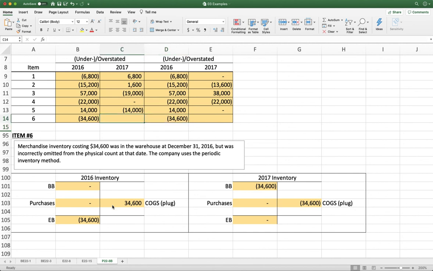In the next year, we're going to understate our cost of goods sold, which means that our net income is going to be too high because we won't take enough expense. We're going to close that out to a retained earnings that's already understated. And we're going to have another counterbalancing error that corrects itself in the next period.